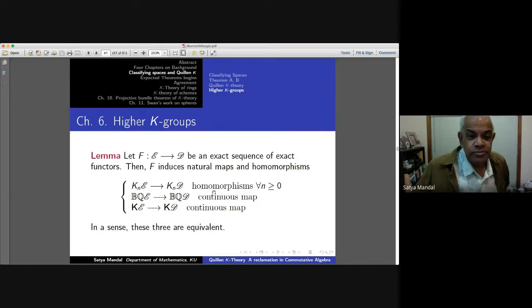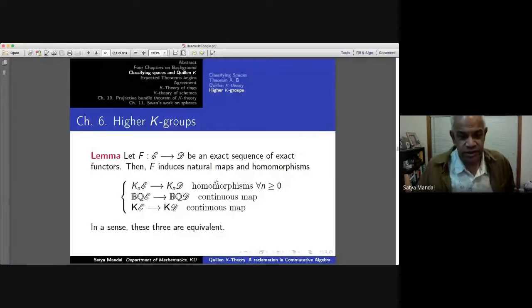Okay. Now, one more important point, of course, that if you have a functor from one exact category to another, functor meaning not any functor, an exact functor, it takes exact sequences to exact sequences.